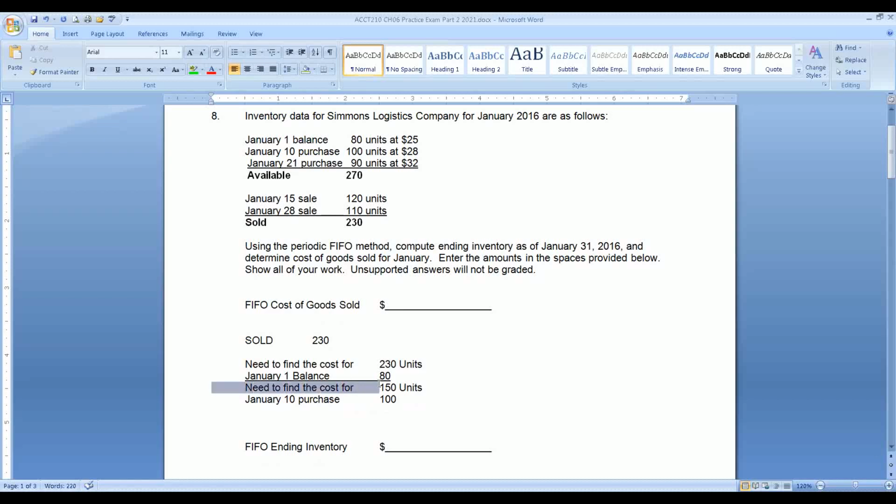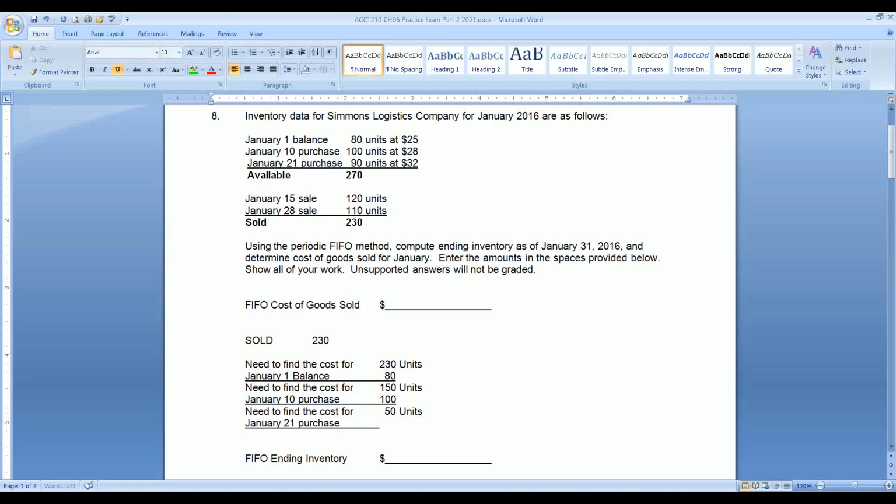Okay, so we found the cost for those. And we don't need all 90 of those. We only need 50 of those.